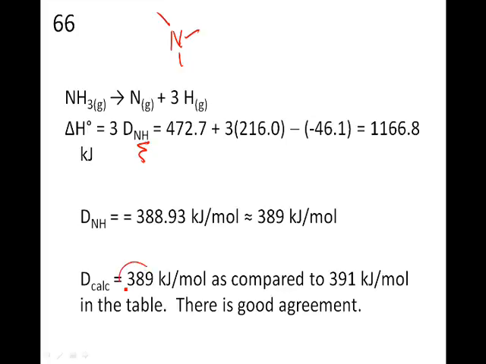And we see that this agrees pretty closely with, I think, what's in a table. Let's look here and compare your value with that in table 8.4. And it's really close. So you calculated the bond energy to dissociate the NH bond, 389 kilojoules per mole.